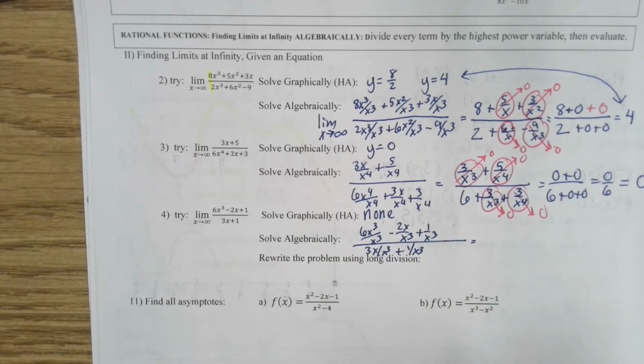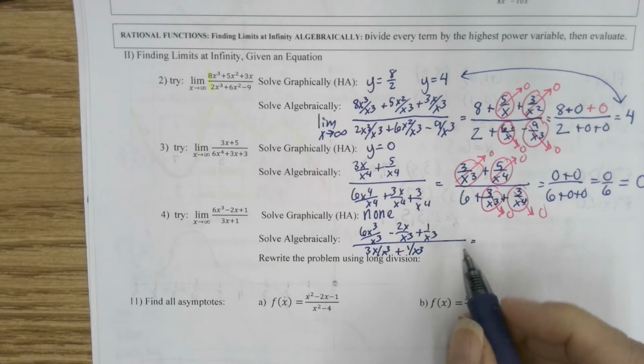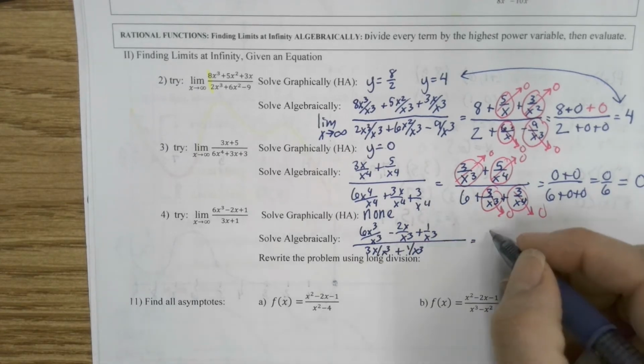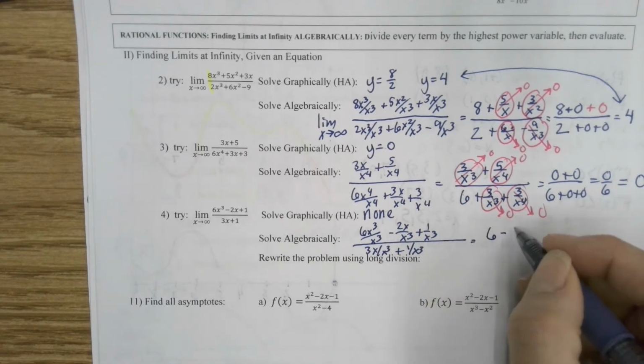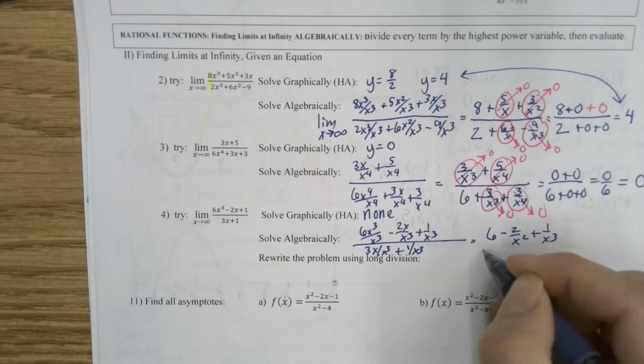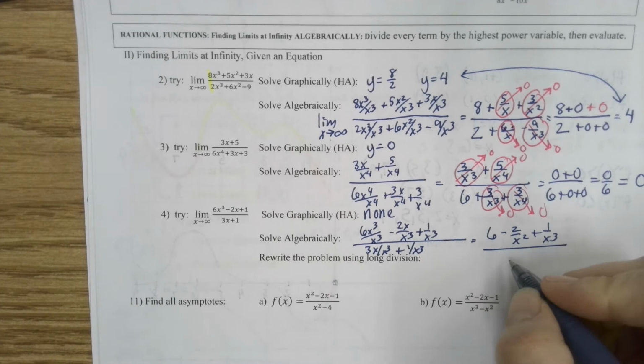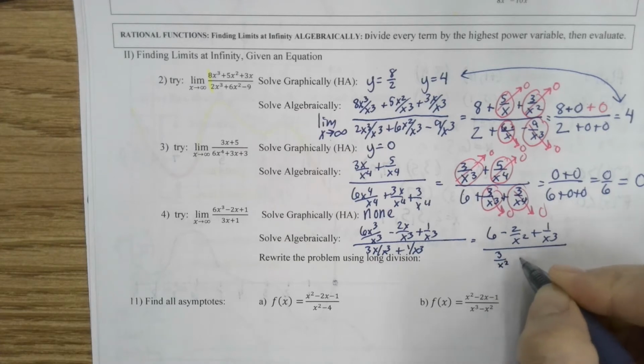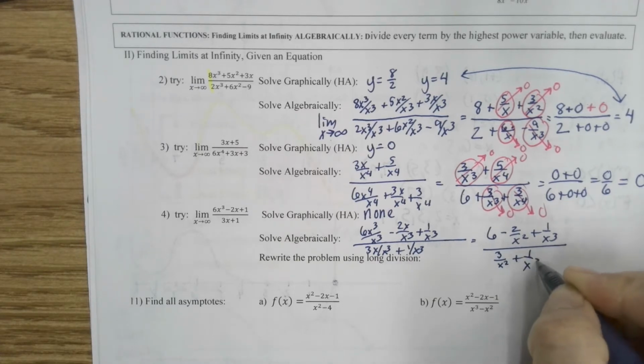So let's see how this looks different. So 6x cubed over x cubed is 6 minus 2 over x squared plus 1 over x cubed. In the denominator, 3 over x squared plus 1 over x cubed.